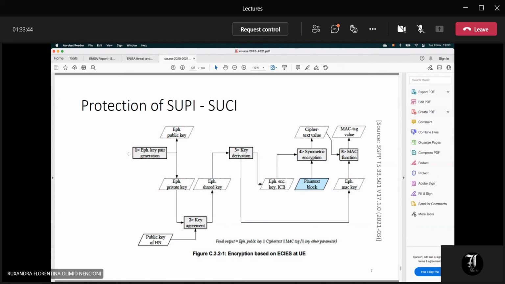A SIM card. A SIM card, perfect. We have a SIM card, and the SIM card is storing a key. We will see a cryptographic key, and it's storing an ID, an identifier of the subscriber. And this identifier can be encrypted in 5G using public key crypto, to get anonymity, let's say, okay?